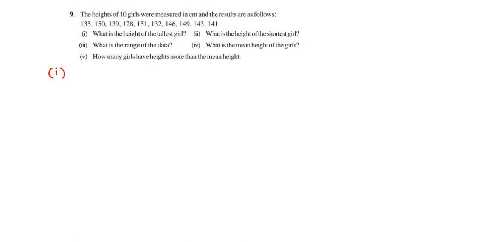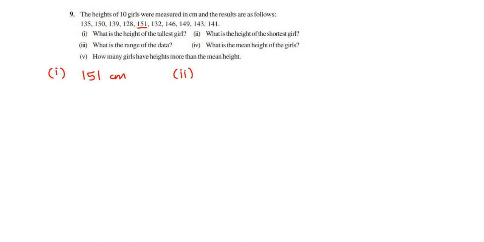So here you can see clearly the biggest number among these is 151. So the height of the tallest girl is 151 centimeter. All these numbers are given in centimeter, the heights are recorded in centimeter, so answer is 151 centimeter.